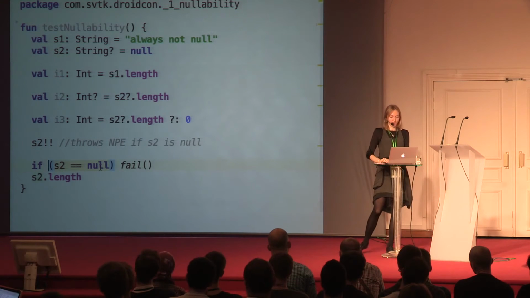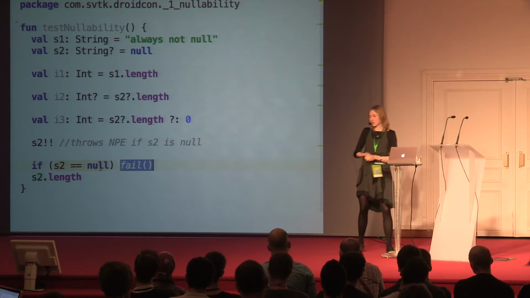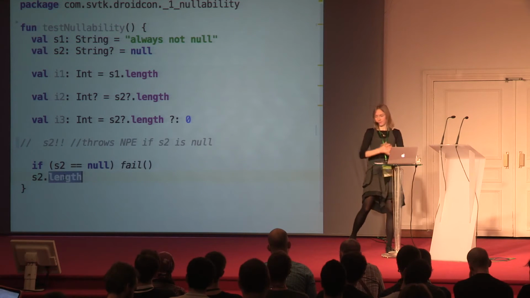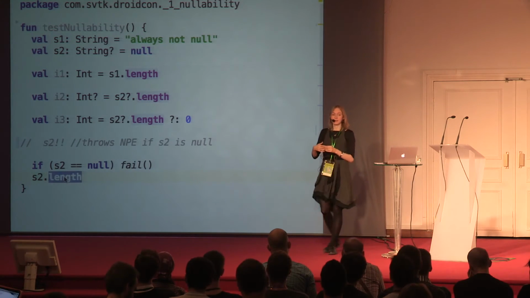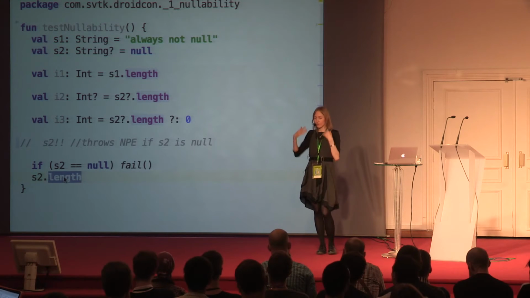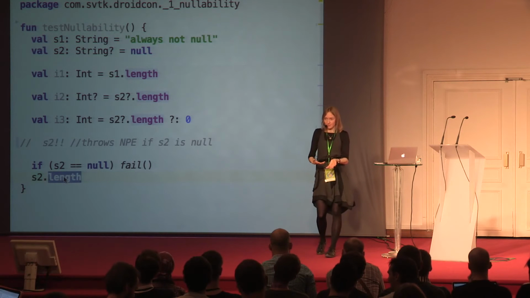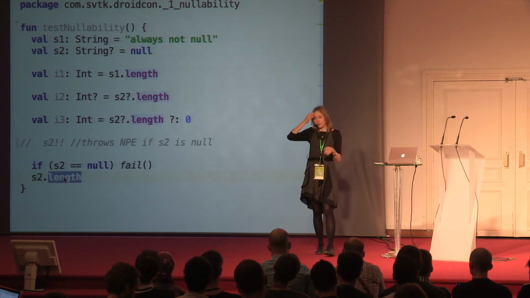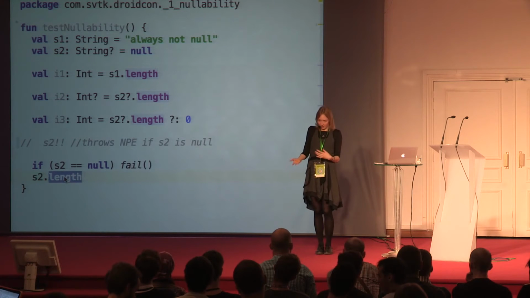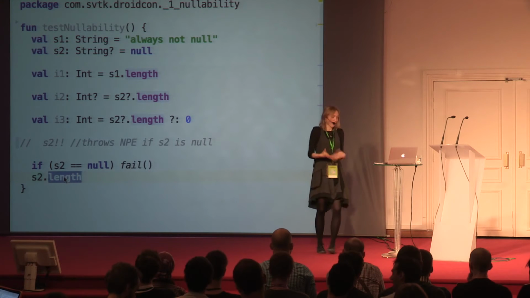You can check, this fail function actually throws an exception, and if you check, then you can dereference it safely again. So in Kotlin, there is quite sophisticated logic for these nullability checks. So the idea is that you have to always check for being a not null reference, but you have easy ways to do it.